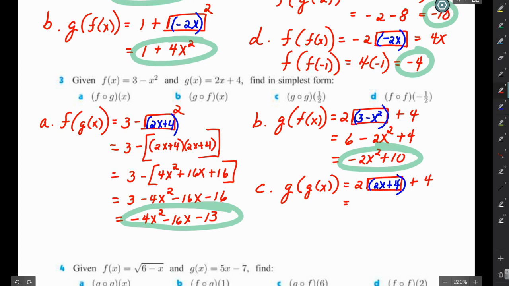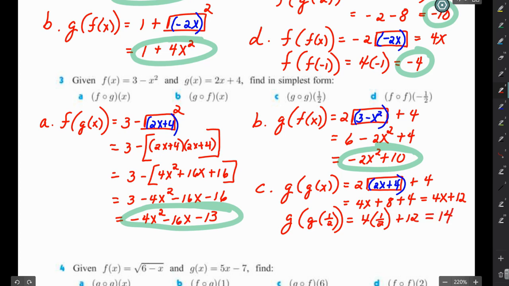So that's going to give us 4x plus 8 plus 4, which is 4x plus 12. Okay, so g of 1/2, inside 4x plus 12, I'm going to replace the x with 1/2. So we're going to get 4 times 1/2 plus 12. That's going to give us 14 for letter C.